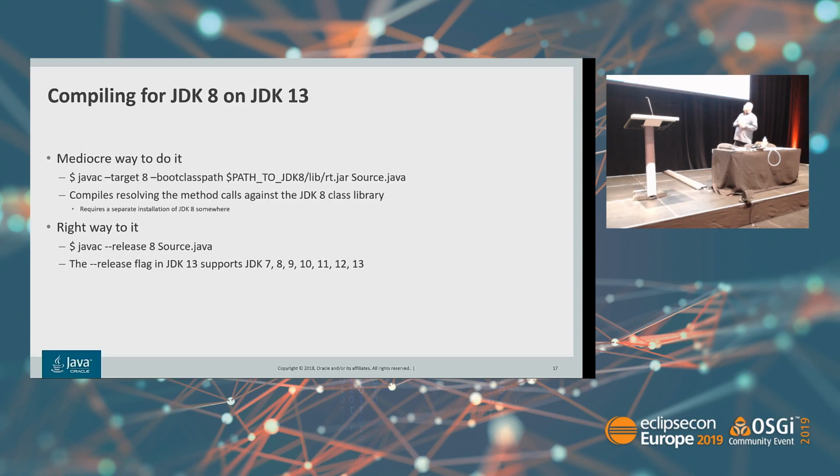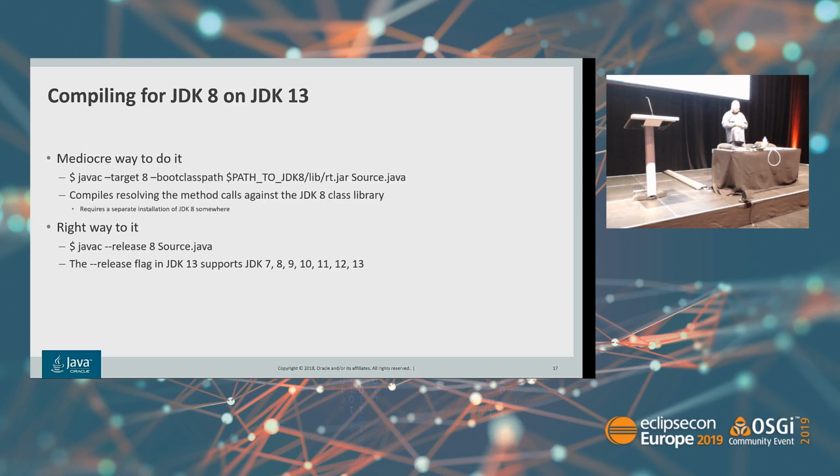One is what I call the mediocre way, which is you install a JDK somewhere on disk, and then you pass the corresponding path to the rt.jar file to javac on the boot class path, so it will know the method signatures to link to for the corresponding release, which works, but it has the catch that you then have another JDK somewhere on disk you have to care about, maybe update depending on company policies.